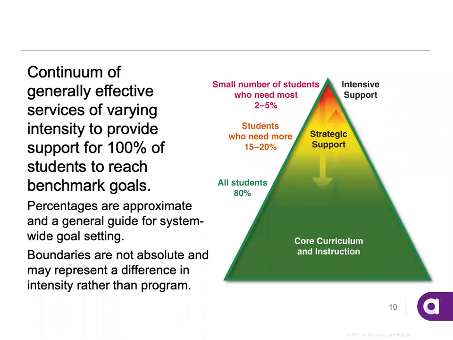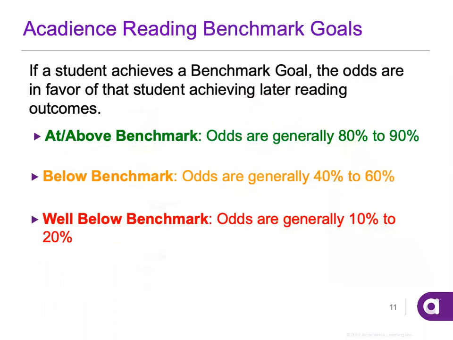And if they score below that benchmark, they are generally not on track. So students who score below benchmark have about a 40 to 60% chance of being okay readers in the future if instruction stays the same for them. And students who score well below benchmark have about a 10 to 20% chance of being okay readers in the future unless instruction changes for them.